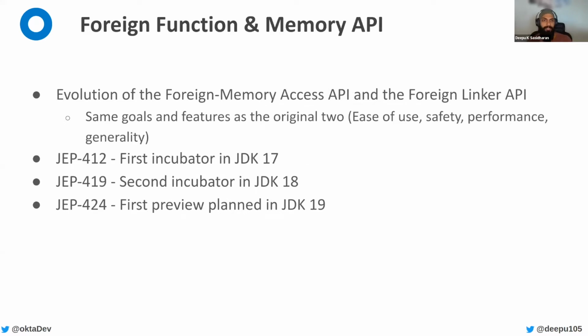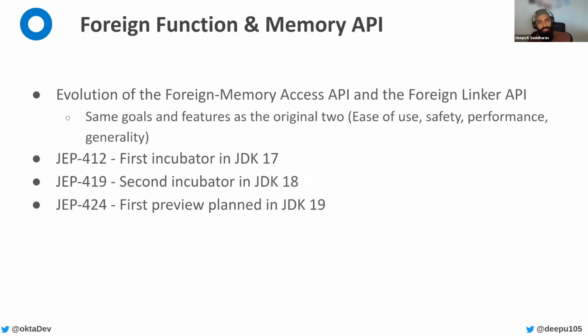And finally, the combination of the memory and linker API, right? So finally, we have the foreign function and memory access API, which was the combination of those. So the goals of both those become the goals of this particular API: ease of use, safety, performance, generality, and such.